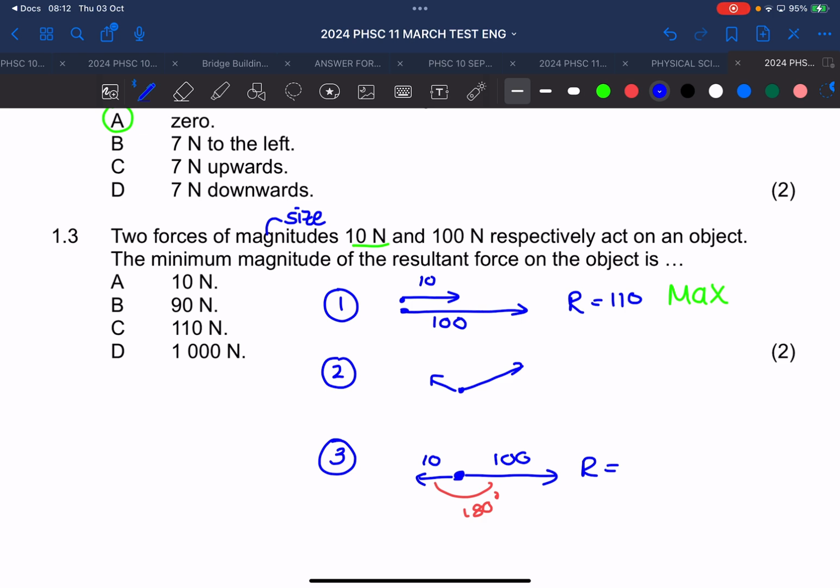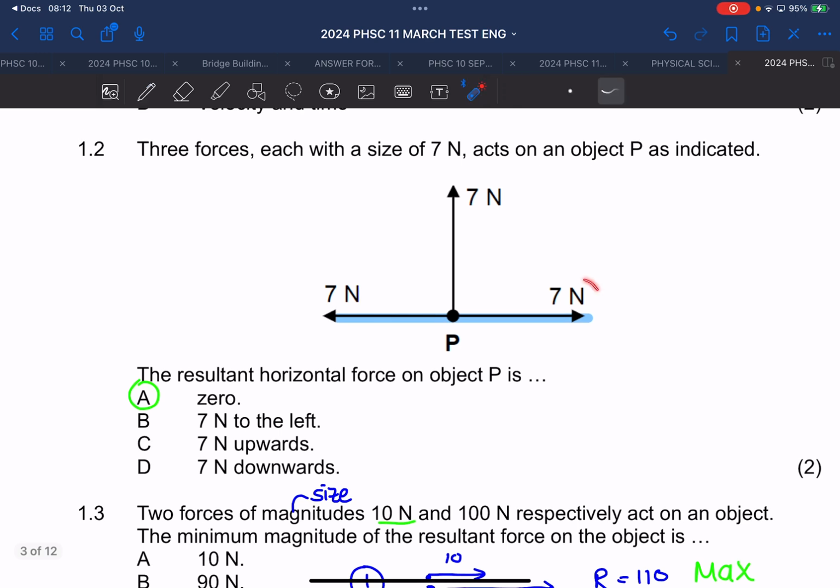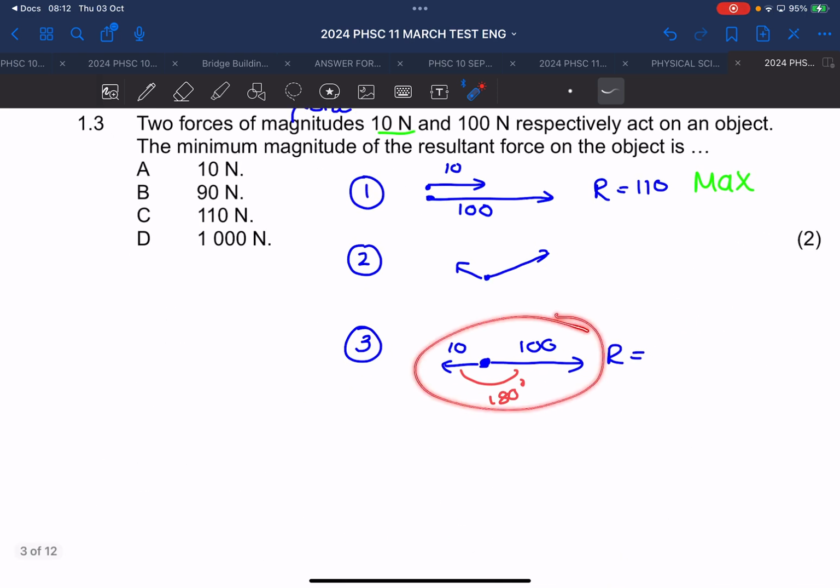What did you do here when these two were opposite to one another? They cancel each other out, or you subtracted. You said the resultant is 7 minus 7. Right? So what are you going to do here? It's 90.